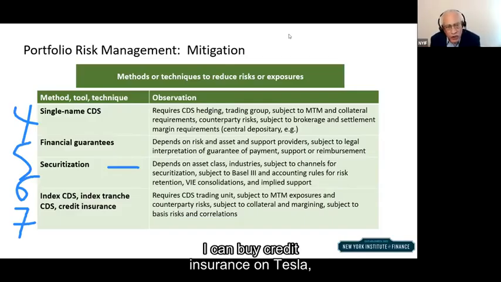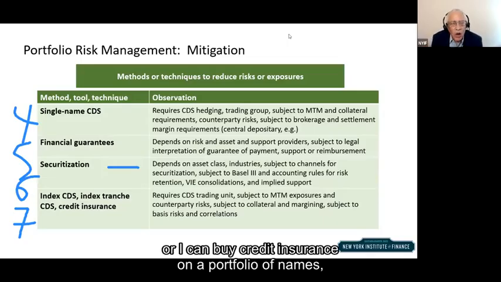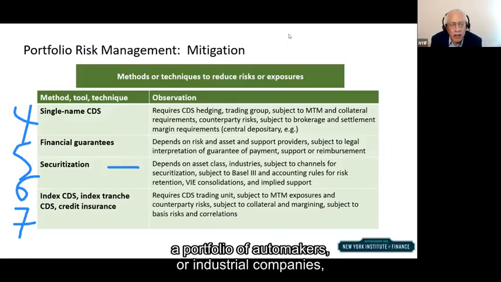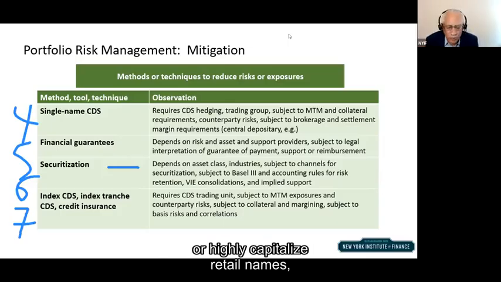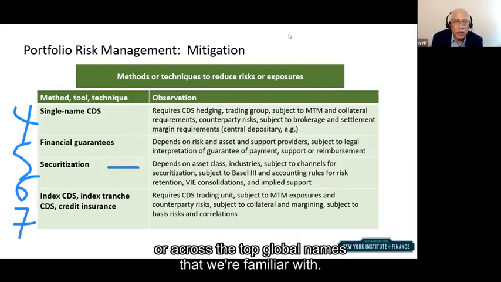I can buy credit insurance on Tesla, or I can buy credit insurance on a portfolio of names, a portfolio of automakers or industrial companies, or highly capitalized retail names, or in a particular industry, or across the top global names that we're familiar with.